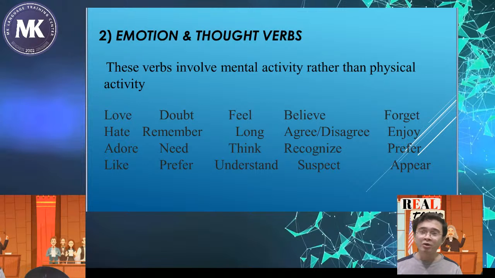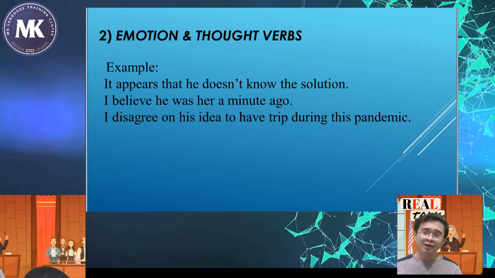So we call them emotion and thought verbs. Example sentence: it appears that he doesn't know the solution. Our verb here is appears. It's connected with our emotion or thinking, so it is an example of an emotion and thought verb.